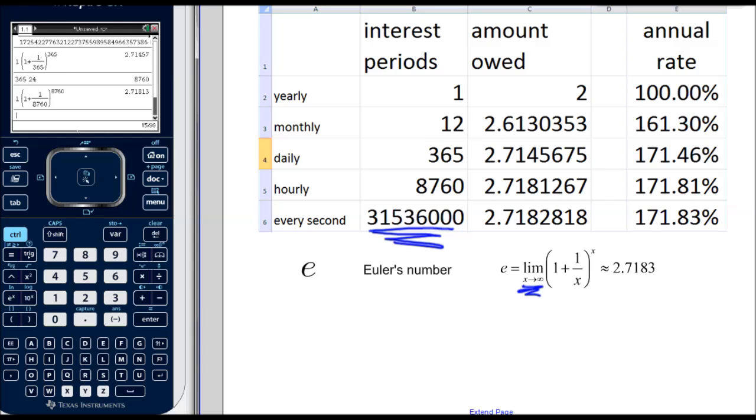And if we still can't pay it off by the end of the year, the amount that we owe is going to go very, very close to E. And the closer that number x is to infinity, the larger that number is, the closer the amount that we owe is going to be to the number E.